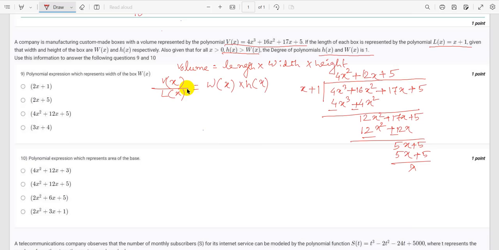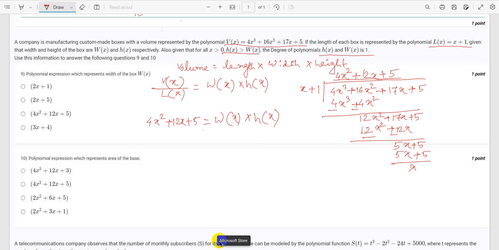So this polynomial function 4x square plus 12x plus 5 equals width into height, right? Now in the question it is told that the degree of polynomials H(x) and W(x) is 1.